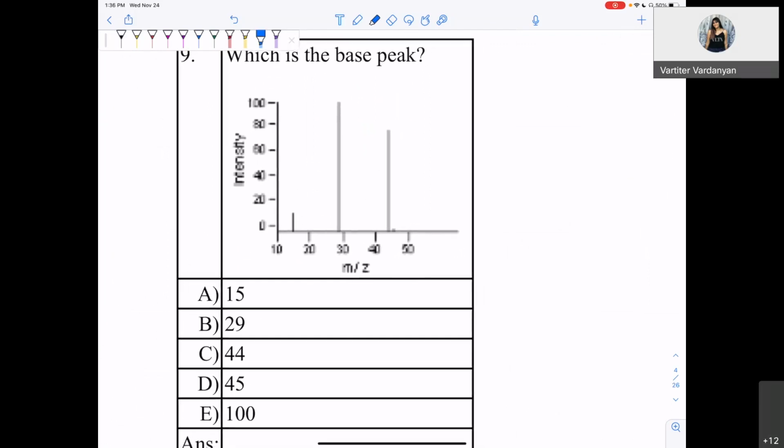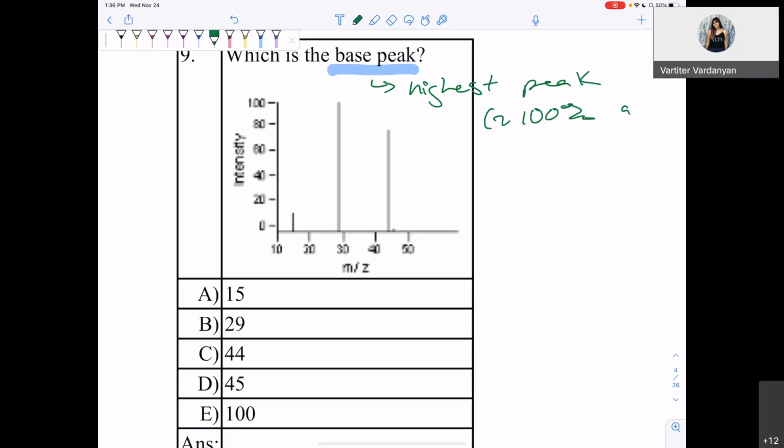Yeah, but it's asking for the base peak, and so can someone tell me what the base peak is? How do we define the base peak? Yes, so the base peak is the highest peak, and it should be approximately 100% abundance, or intensity in this case. So we're looking for the absolute tallest peak, which would be 1, 2, 3, 4.